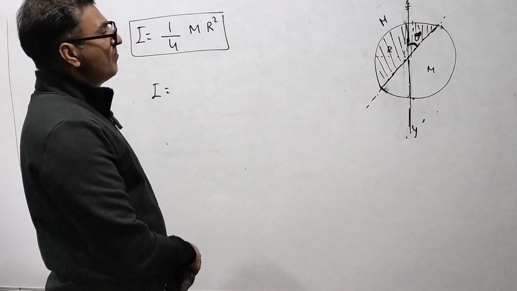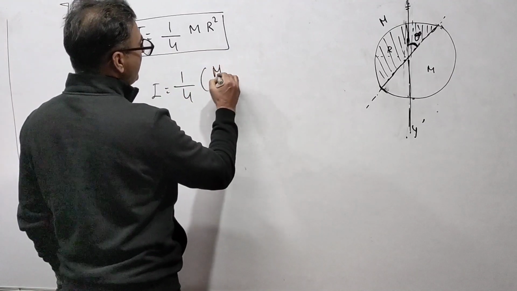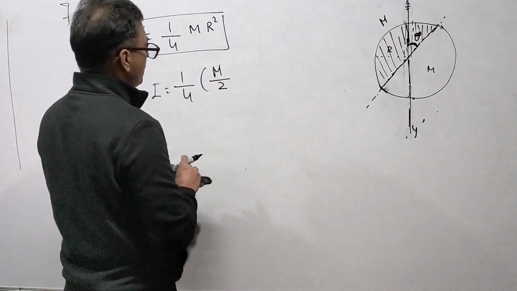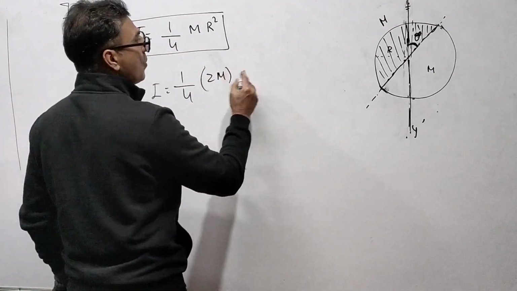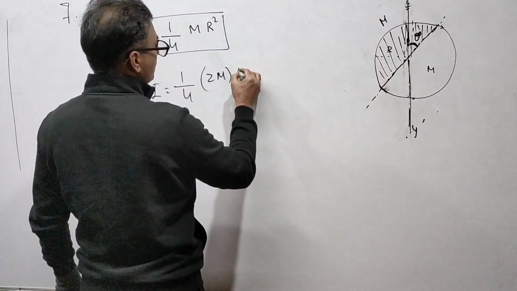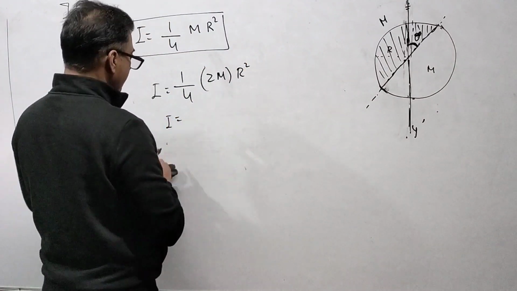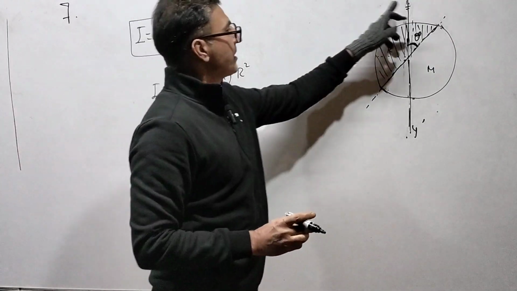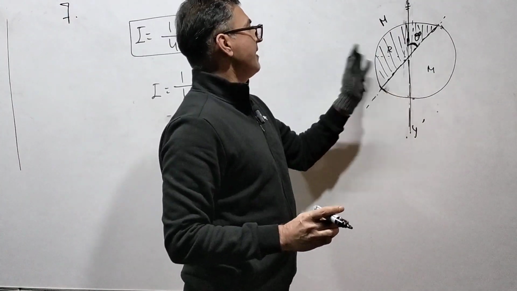That is 1/4 m/2, sorry, not m/2, 2m, because the mass of the whole disk is now 2m, r square. That is 1/4 2m r square. This is the moment of inertia of this whole disk, having mass 2m and radius r.